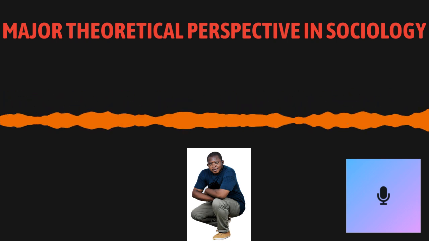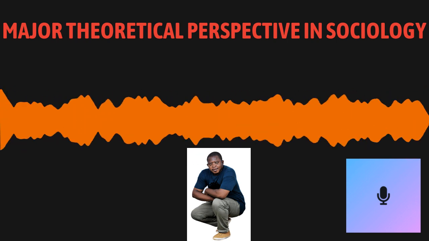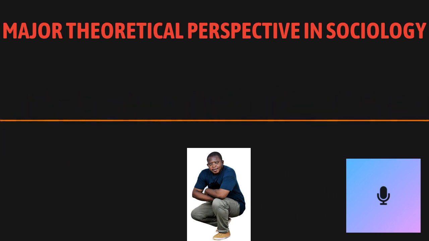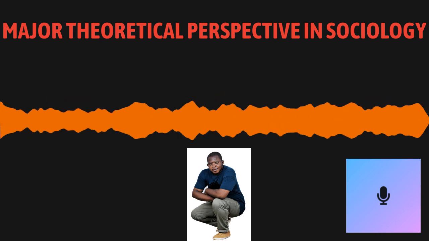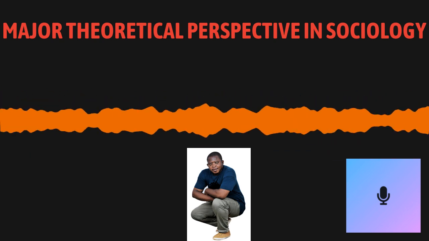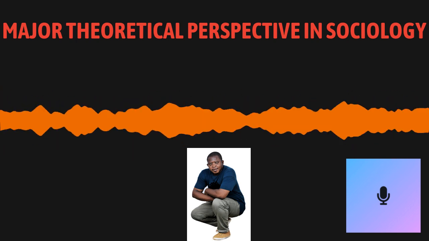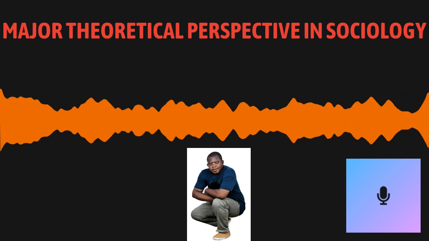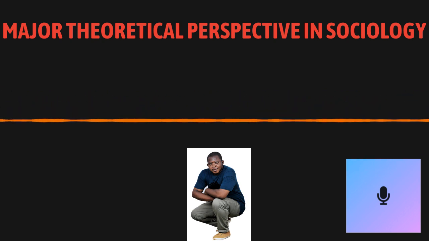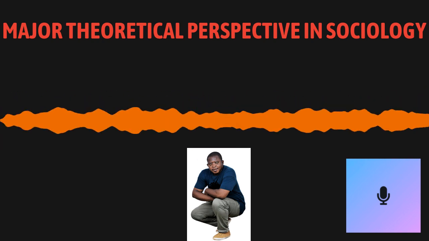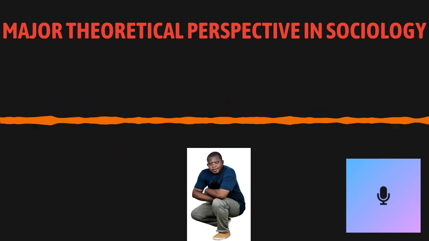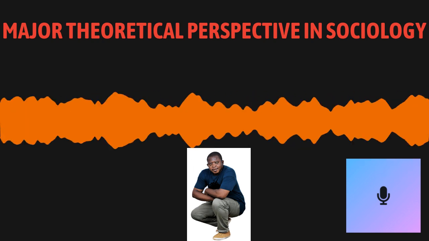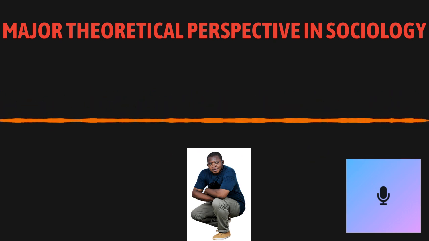Okay, so now the third and last theory that we can look at is the symbolic interaction theory. This theory was largely influenced by the work of George Simmel, Charles Cooley, George Herbert Mead, and Erving Goffman. According to this theory, the study of society should focus on everyday aspects of social life, and interpersonal relations in small groups of people help us to understand the larger society.